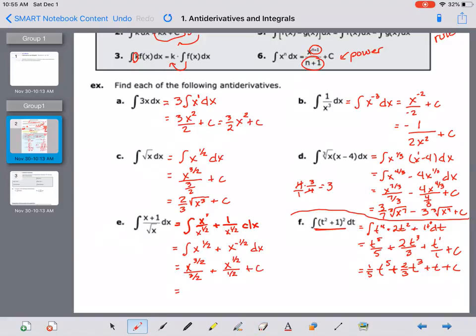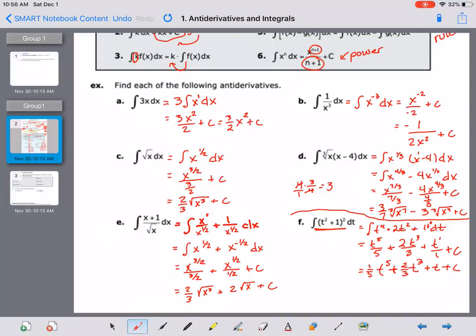And then, of course, I'd want to rewrite. So dividing by a fraction, we're going to be multiplying by the reciprocal, putting it back into root form, so 2/3 square root of x cubed, plus 2, reciprocal of 1/2, square root of x to the first, and then plus c.